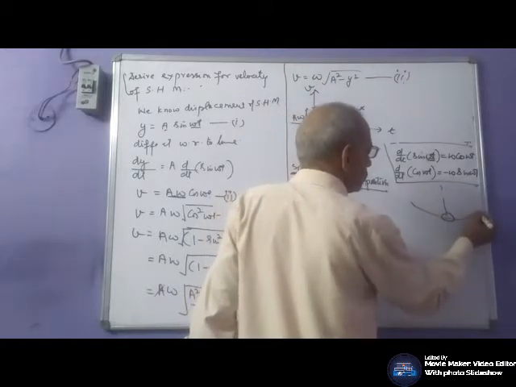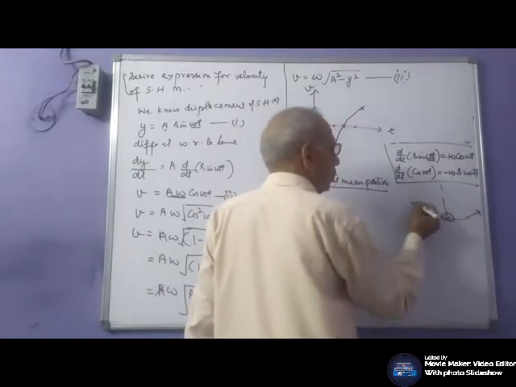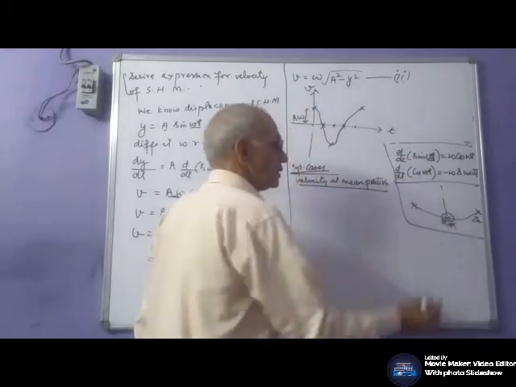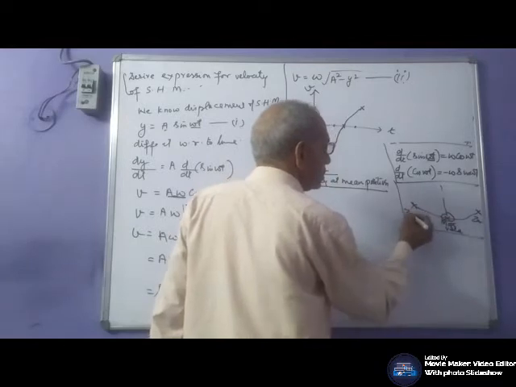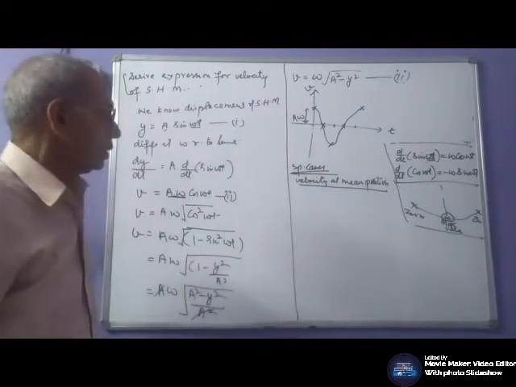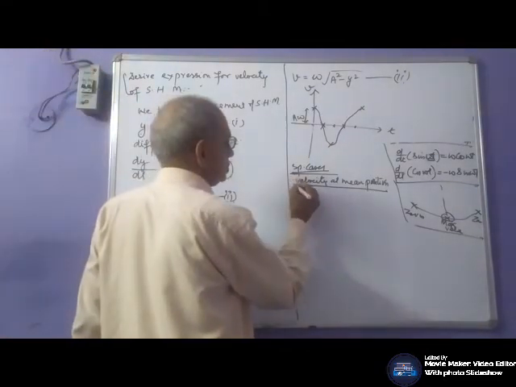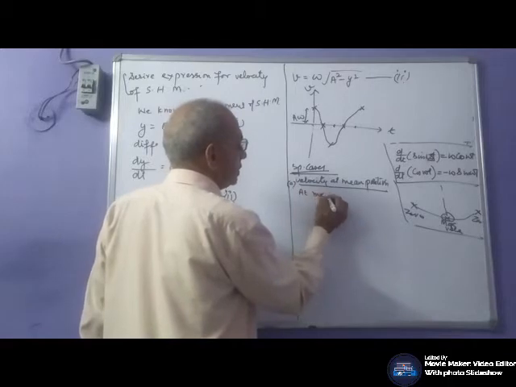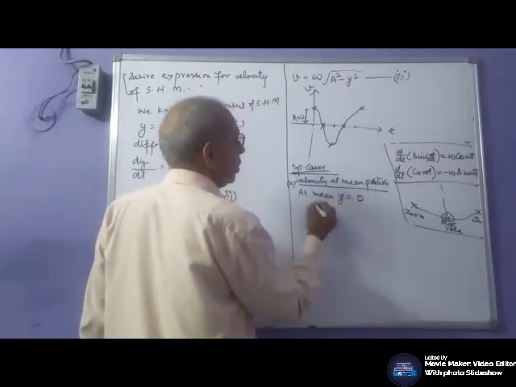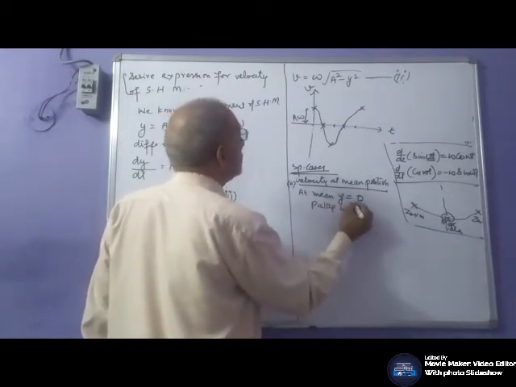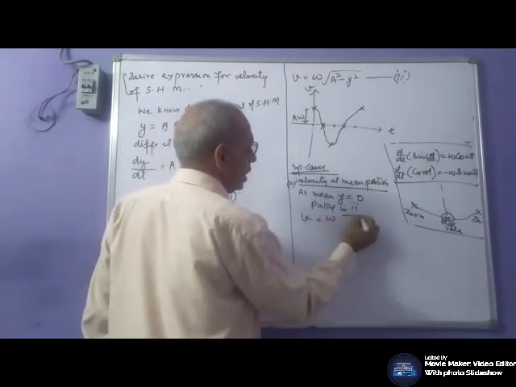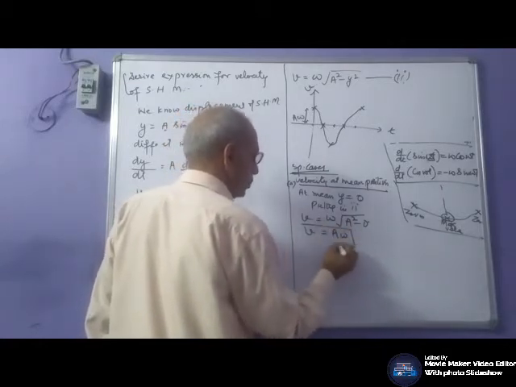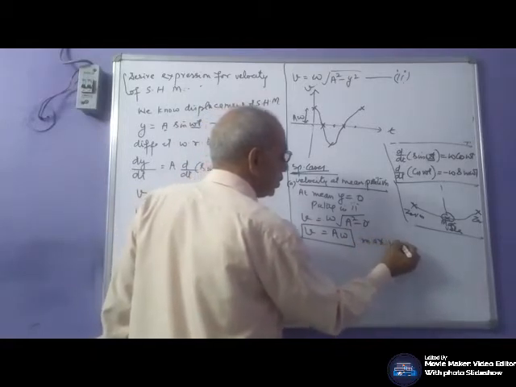Here it is maximum velocity, at the extreme it is 0, here 0, and here again maximum velocity. At the extreme it stops, 0, then comes back. So velocity at mean position, case A: at mean position y is 0, putting in the second equation, v is omega under root A square minus 0, v is A omega, maximum velocity.